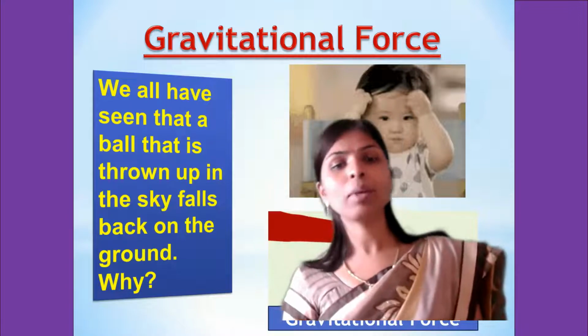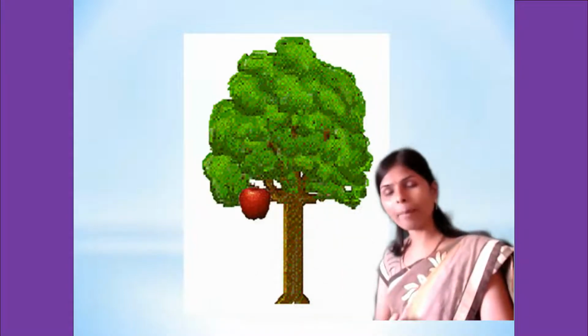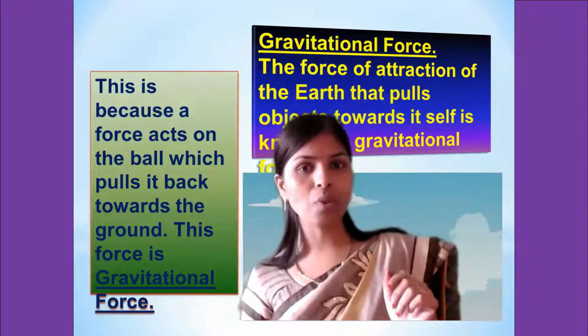Why is it? Because of gravitational force. So here you can see one example I have shown you. This is an apple tree. This apple will fall downside. It will not go up. Because of gravitational force, because of gravity, that apple comes towards the ground only. So this is one example of gravitational force.